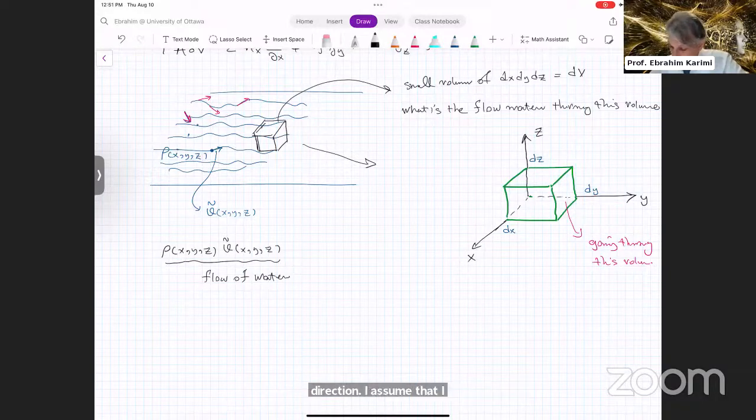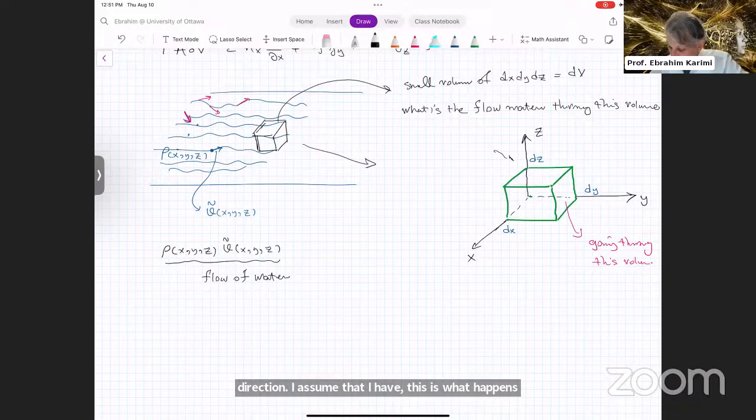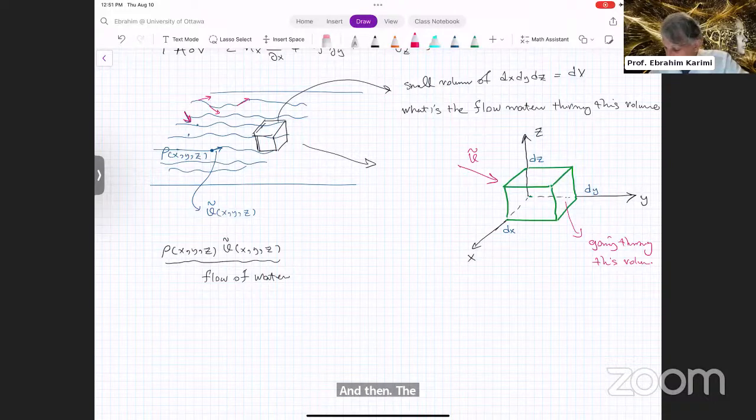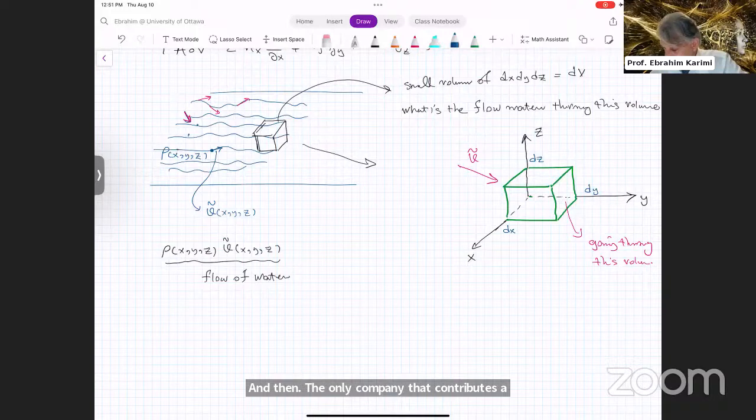Within a certain velocity, water is entering here. And the only component that contributes along the x direction is the Vx. So the only contribution will be the Vx.